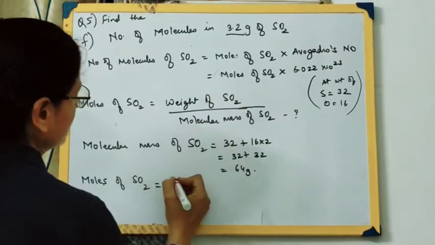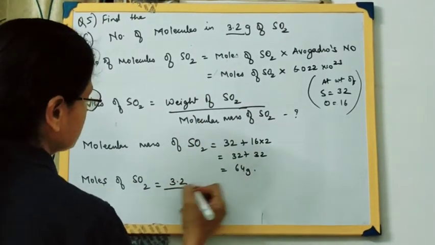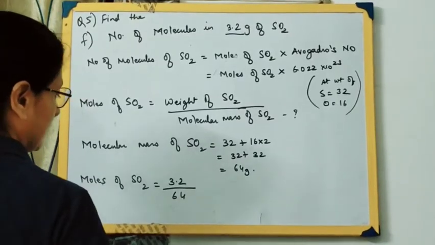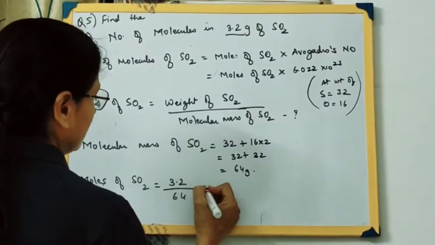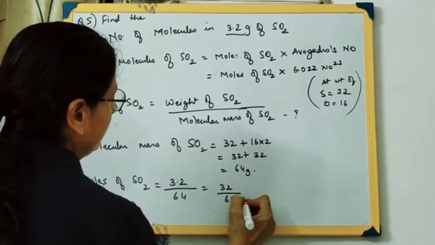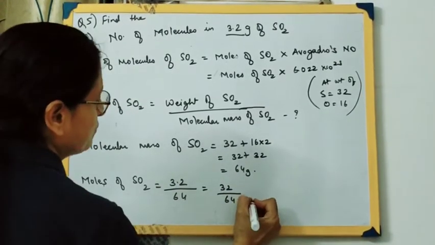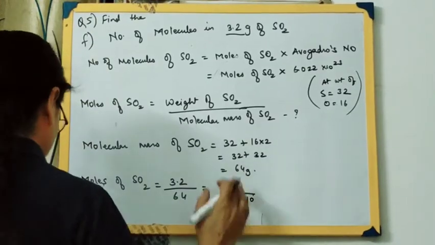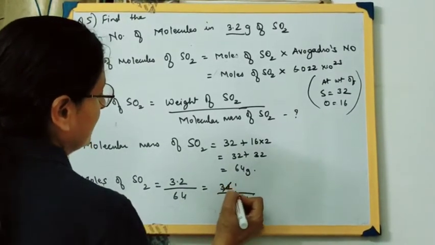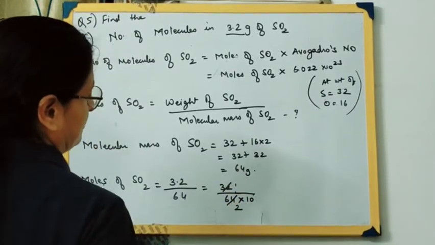The weight of sulfur dioxide is 3.2 upon the 64 over here. So what we'll be doing is 32 upon 64 into this point. So we'll remove this point, that is into 10. Then we can cancel this, 32 ones are 32, twos are 64.